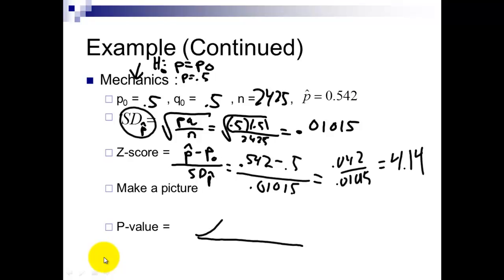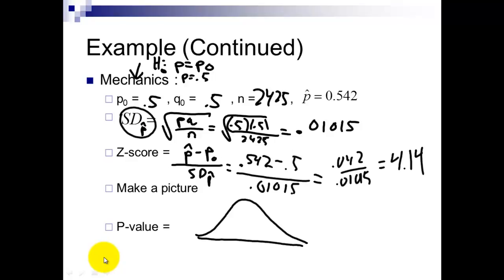Now, remember, we were very picky before that when you make your normal curves, you should show all the different 68, 95, 99, whatever. You don't have to show that anymore. You do, though, have to label your graph and put some of the key elements in it. There are 2 ways to think about this.